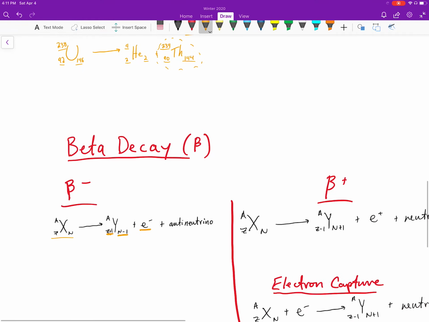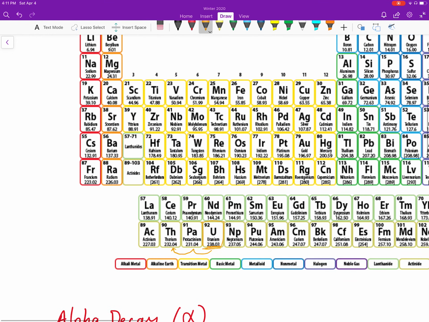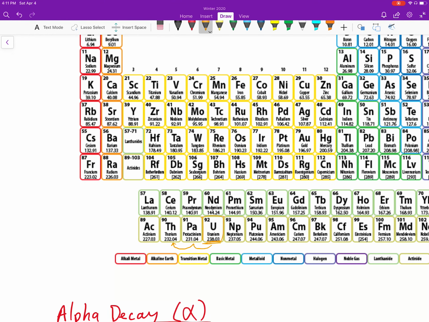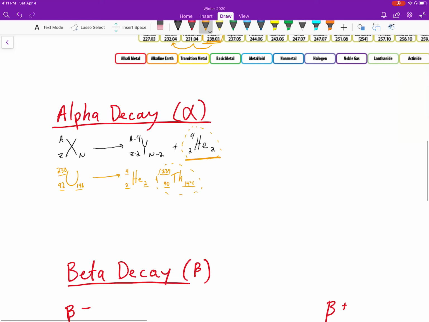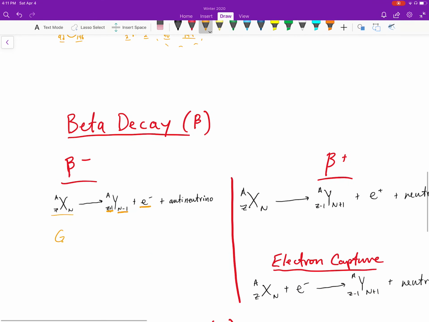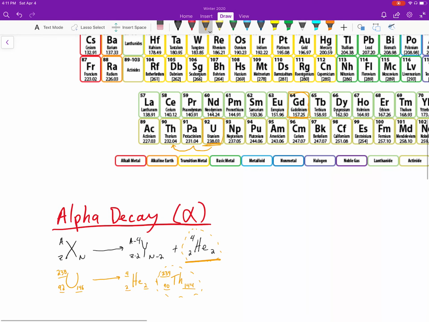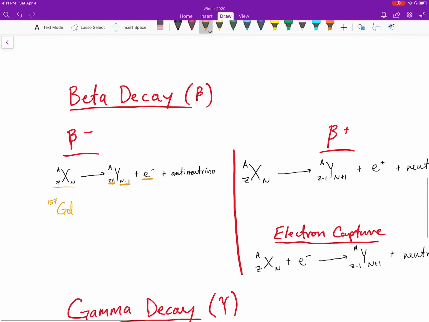So what does this look like? Well, let's take an element like, I don't know, gadolinium. Let's take this guy here. So gadolinium 157, and there are 64 protons.